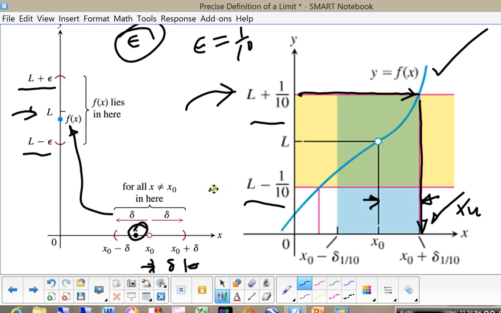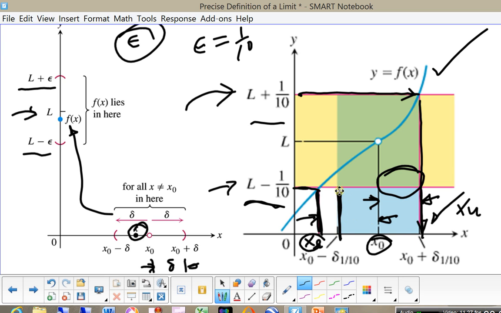Then you go and plot L minus 1/10, go backwards and calculate an x lower, that you see is within this distance of x naught. Then you pick the smaller of the distance between the x upper and x naught, and the distance between x naught and x lower, and of course that would be the blue region here.